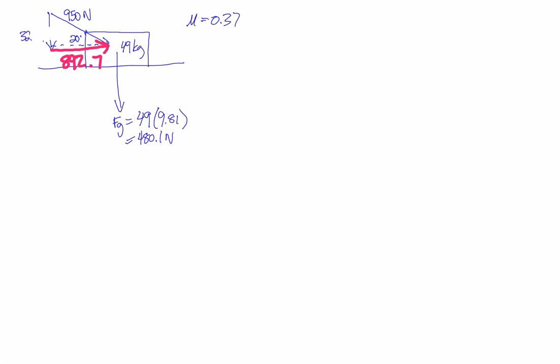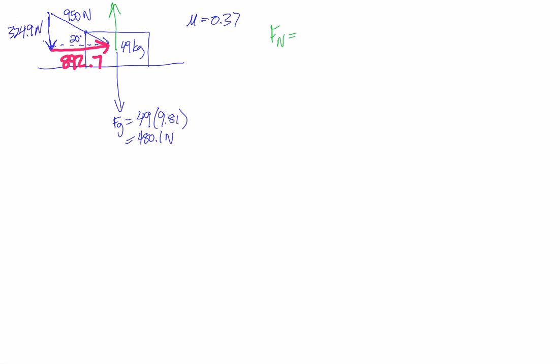Okay, so we have 324.9. I'll just clean that up a little bit. That's our downward force along with our gravity. So in this case what we've got to be careful of is that our normal force will be those two forces added together.